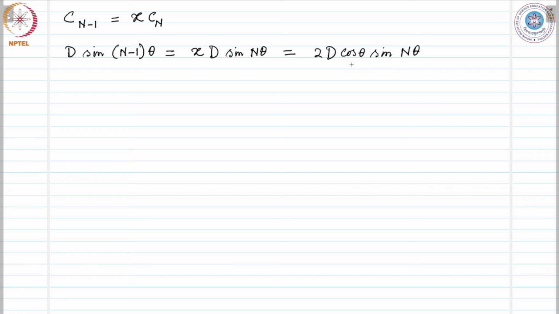How did we obtain cos theta? Because x equals twice cos theta. By putting this in place of x, we obtained this quantity.